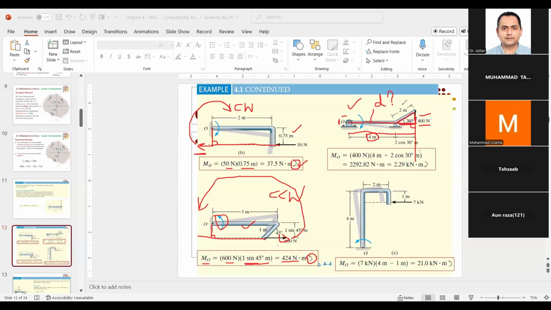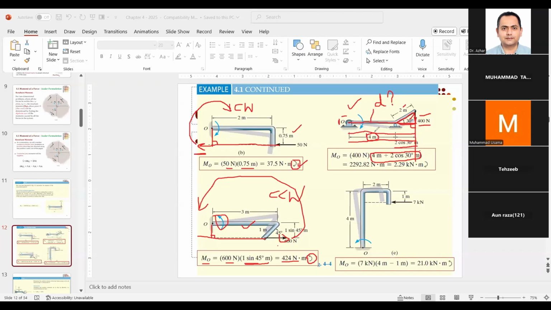From this triangle, diagonal is 2 meter, angle is 30. So what is the base? It is 2 cosine of 30. So this total distance is our moment arm, which is simply 4 meter plus 2 cosine of 30.